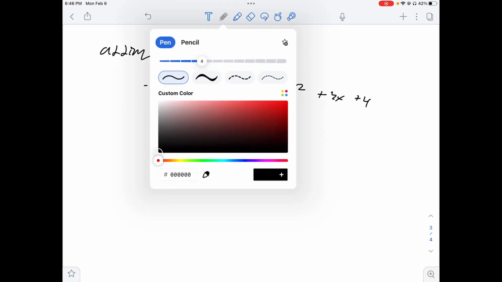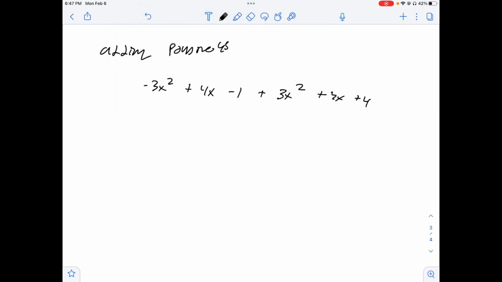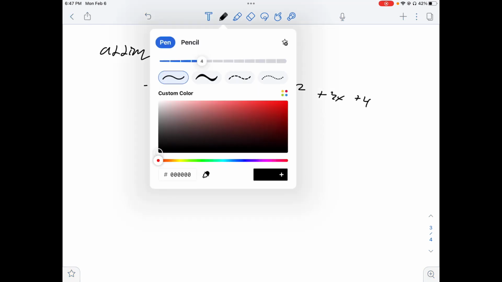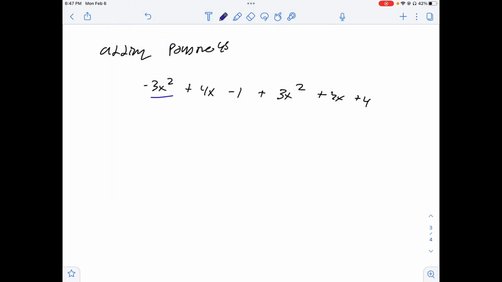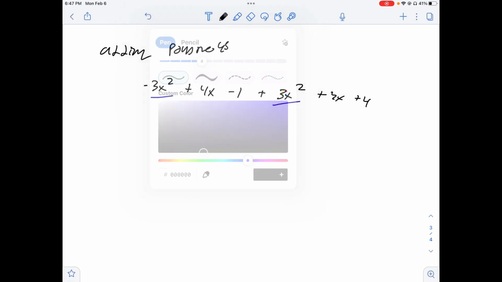So I can combine negative 3x^2 and 3x^2. Or actually, that should be a negative 3x^2.